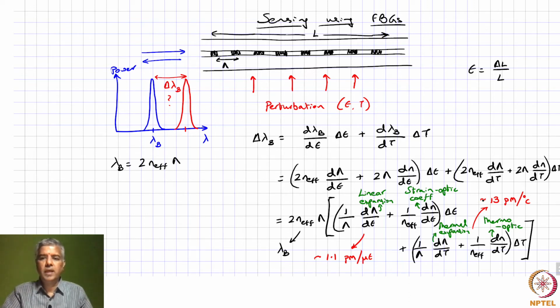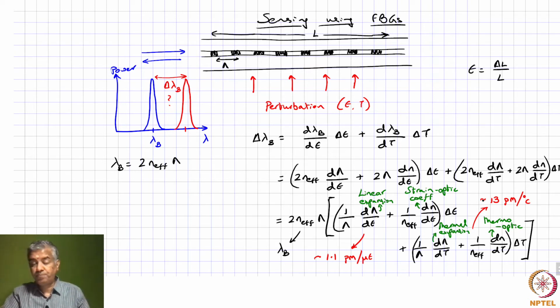So that is one of the challenges as far as picking up these perturbations using fiber Bragg gratings. How we can pick up even small changes like 1 picometer, and mind you, the wavelength that we are using is, let's say, 1550 nanometers. So you're talking about changes in the wavelength around 1550 nanometers to the level of 1 picometer per microstrain.